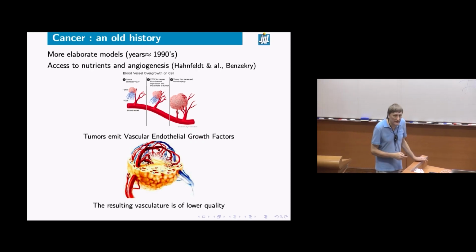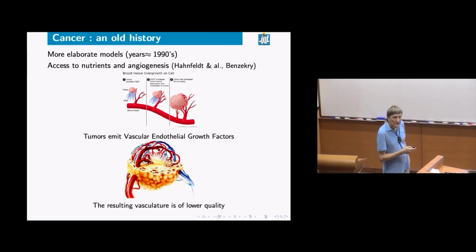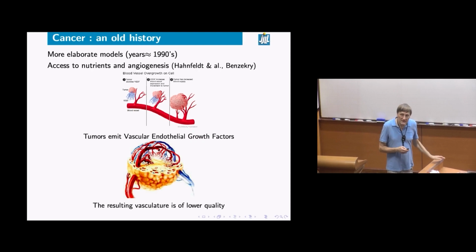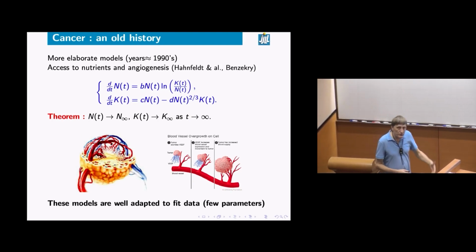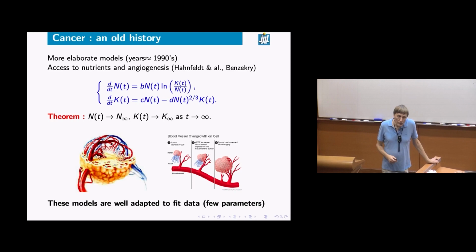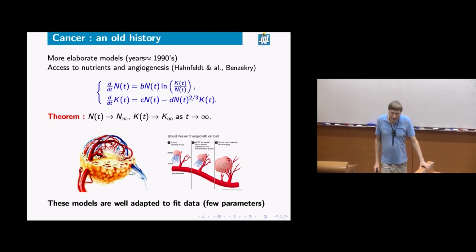It is of very bad quality, and this makes certainly that the molecules could not access the tumor because of this irregularity. And so there were models proposed in the same class of ordinary differential equations that you have seen before, but which now explain this carrying capacity, where it comes from.